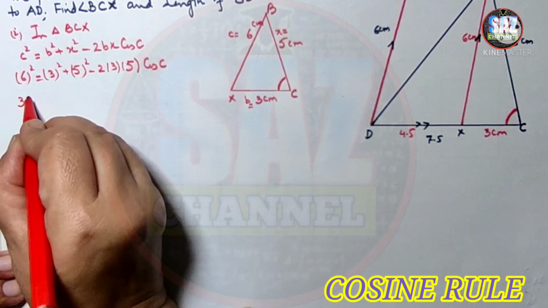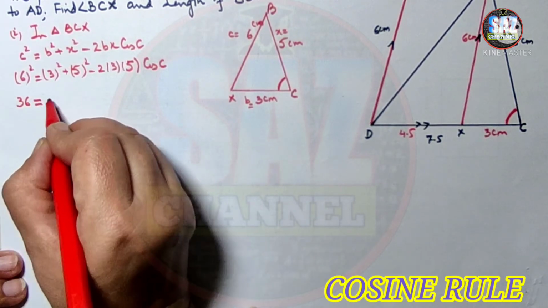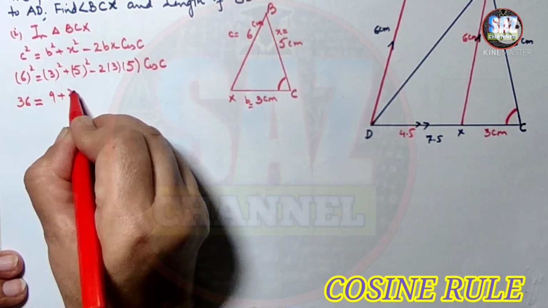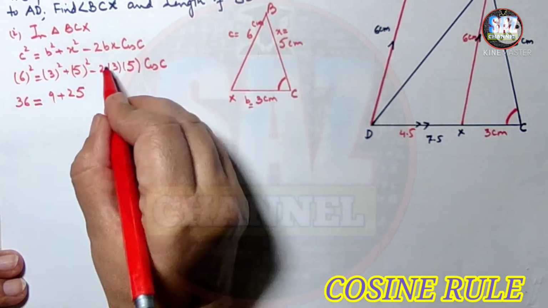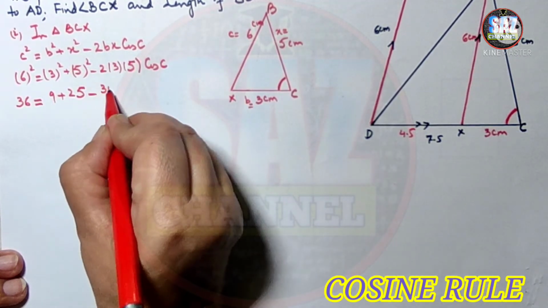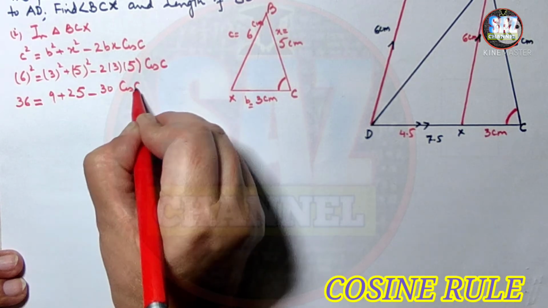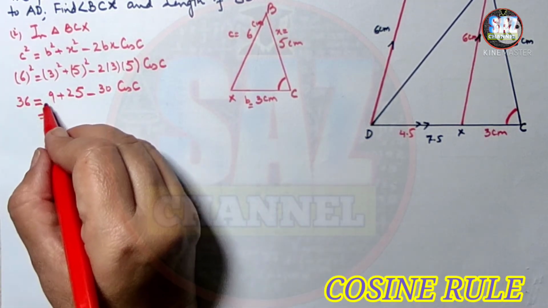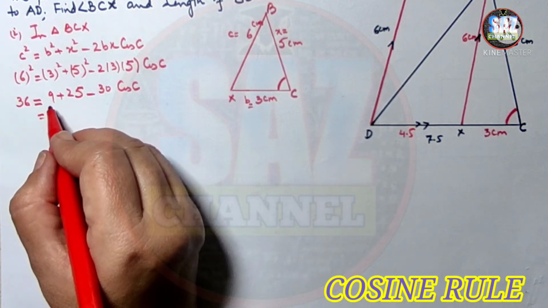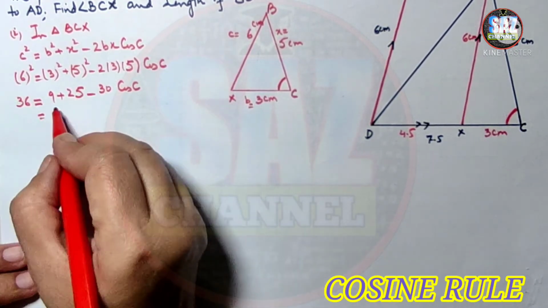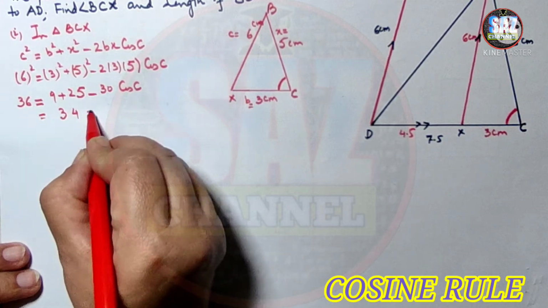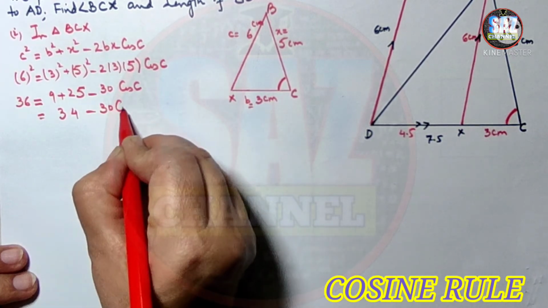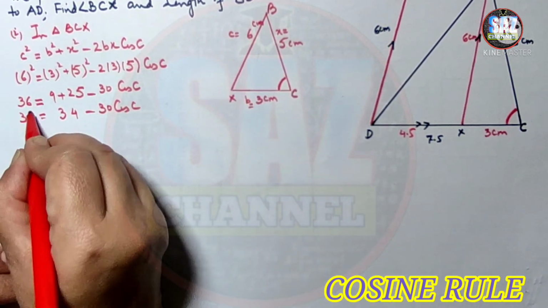Now 6 square is 36 equals 9 plus 25 minus 5 3s are 15, 2 15s are 30 cos C. Now 25 plus 9, that is 34, minus 30 cos C equals 36.